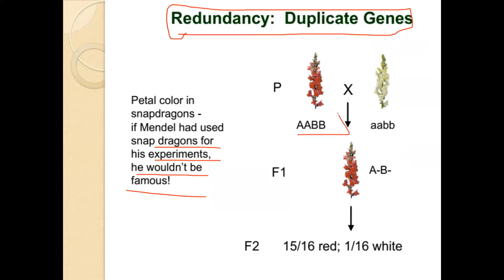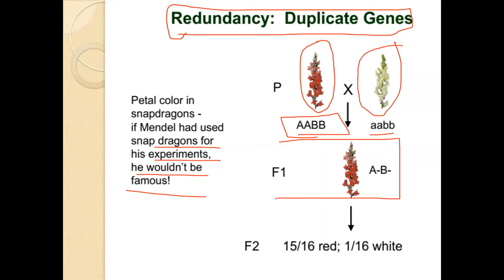Because in case of capital A, capital B, the flower color is red. But in case of both of the homozygous recessive condition, the flower color is white. So whenever A and B are present in a dominant form, it will produce a red phenotype.